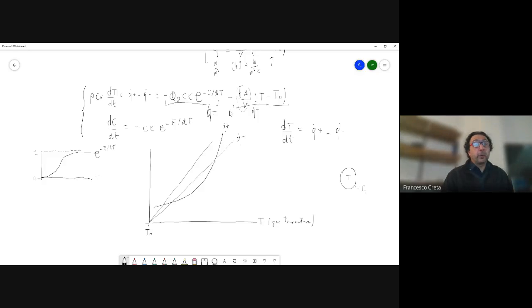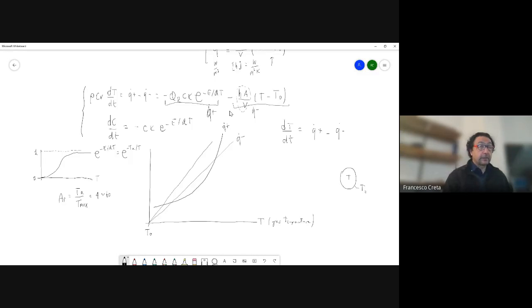In fact, if you remember E over RT, we could write it as the activation temperature. And the Arrhenius number, which is the activation temperature over the adiabatic temperature. So, for example, it was something of the order between 4 and 60. So it's extremely high. So TA is really much bigger than your average temperature.